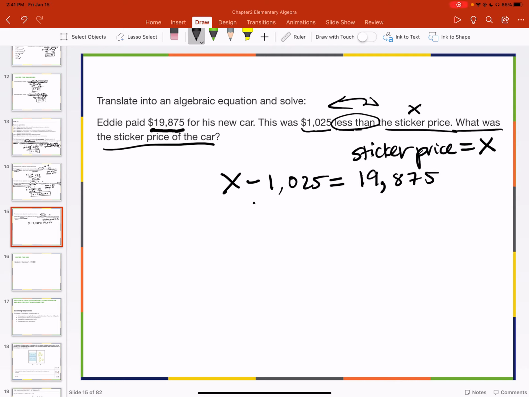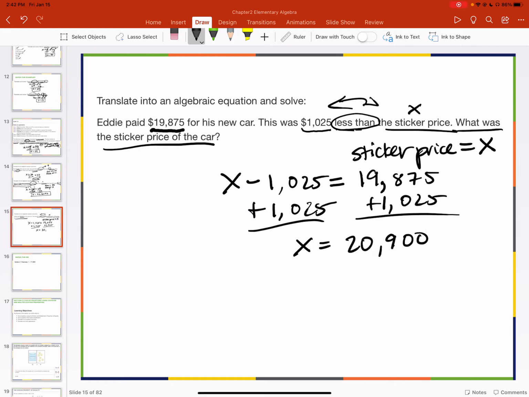So the sticker price we have to add, right? We're going to have to add 1,025 to 19,875. And what do you get? Did you get 20,900? So the sticker price was $20,900.